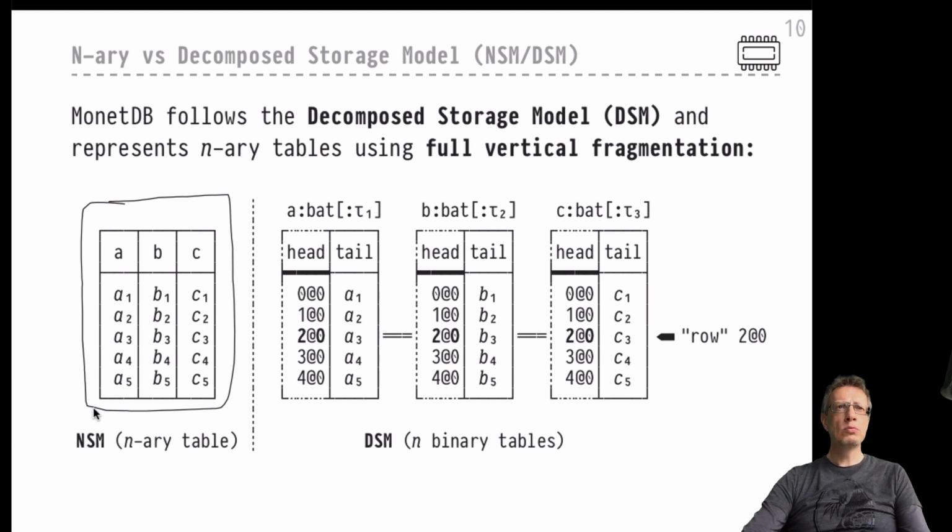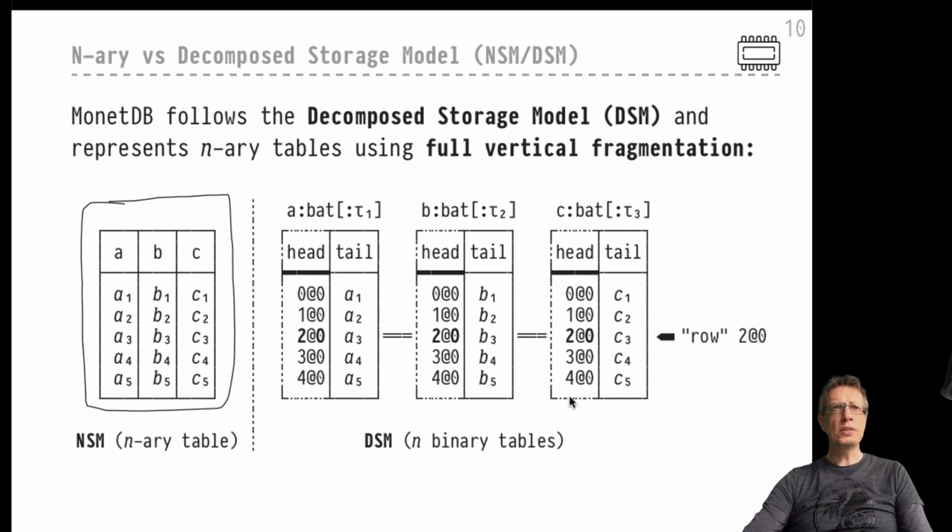The wider the origin table becomes, the more binary tables, the more BATs we have to use inside MonetDB to represent the same information. And you see that each of these n BATs holds the contents of one particular column of the original table. All the A values collected in this BAT, all the A values are of homogeneous type tau1, so that makes sense. All the B values, all the C values in their individual BATs.